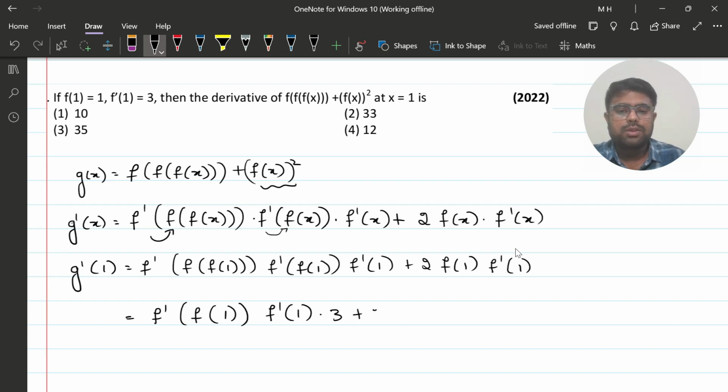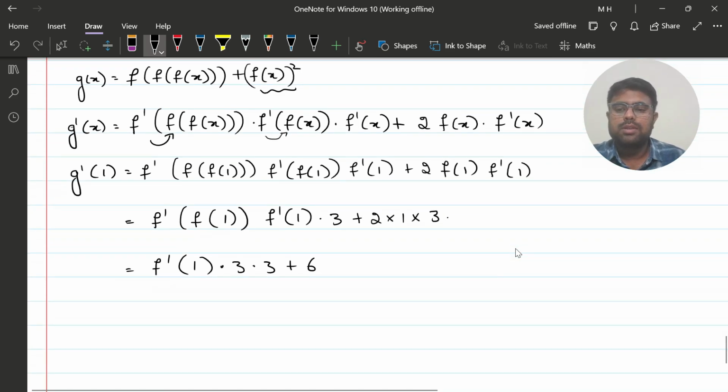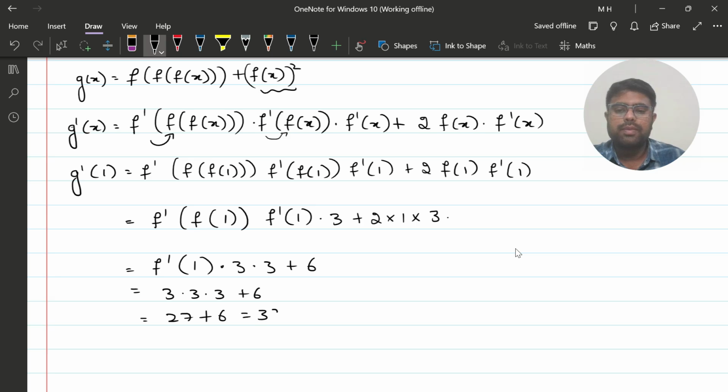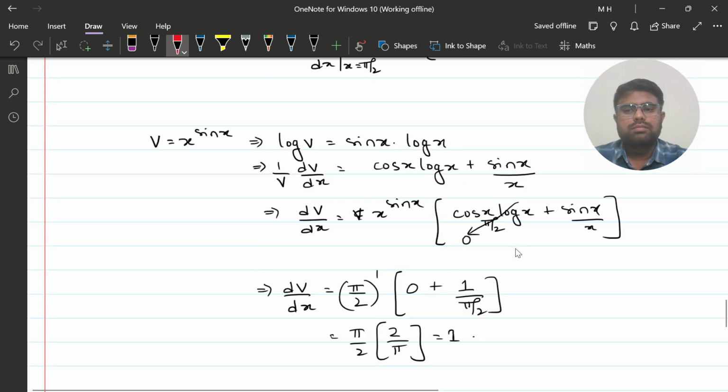It is 3, plus 2 times f of 1 is 1 into f dash of 1 is 3. Okay, so this is what you have. So equal to f dash of 1 is 3 into 3 plus 2 3s are 6. So it is 3 into 3 into 3 plus 6. 3 3 3 is 3 cube, which is 27 plus 6, which is going to be 33. I think yes, it is option 2, that is 33. Okay, so this is what you have.